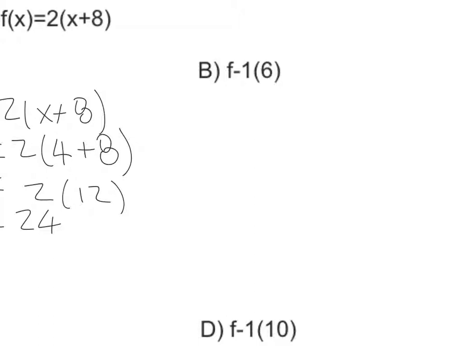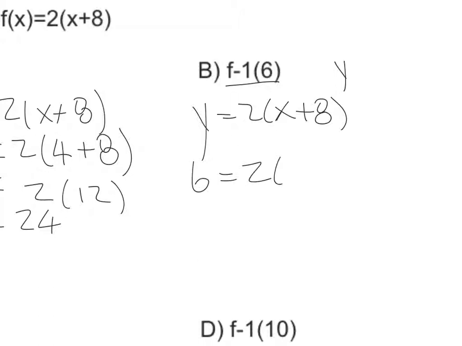So since we haven't found the inverse yet, and we're being asked to find a number within the inverse, we can actually see that f minus 1 when x is 6 is actually equal to y in the original equation. So what we can do is we can switch y in our original equation, 2 times x plus 8. We can switch y with 6. So then it becomes 6 equals 2 times x plus 8.